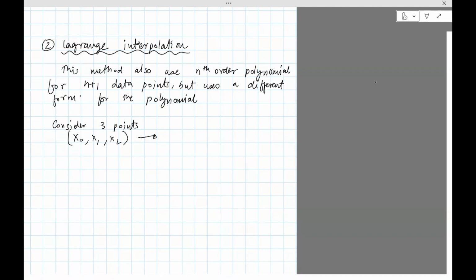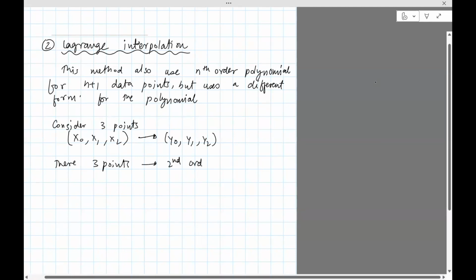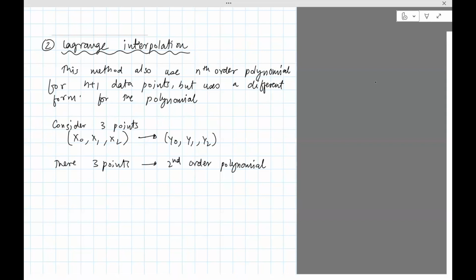Let's say these map to y0, y1, y2. Clearly there are 3 points. That means we need a second order polynomial, right? That's what we've seen in the past.